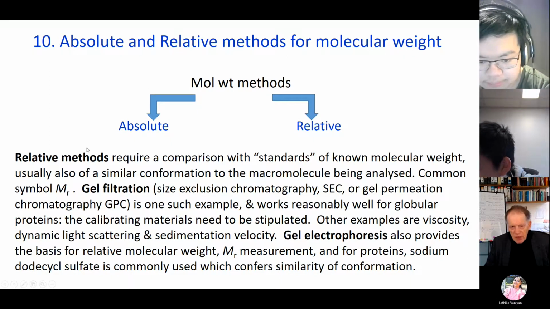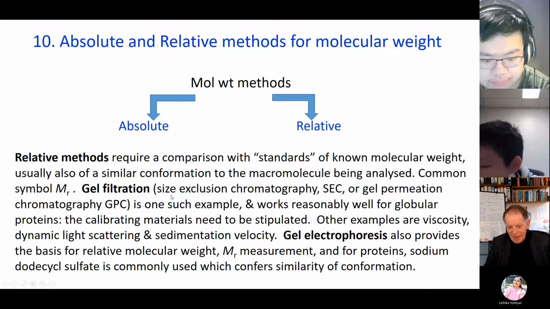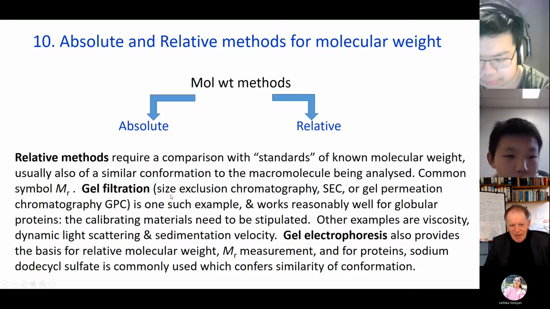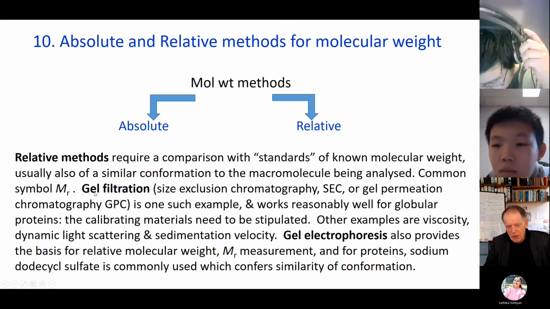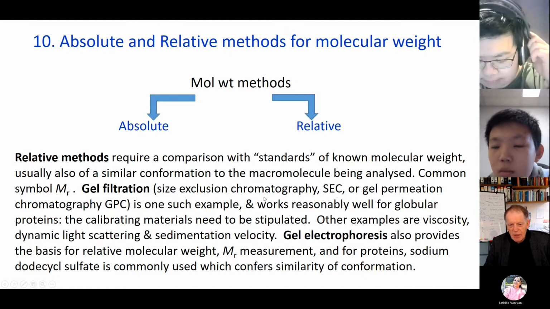There's gel filtration. Again, we're not going to cover that in this course. That can be covered if you do the biotechnology MRes course. Then we'll go into this in detail.